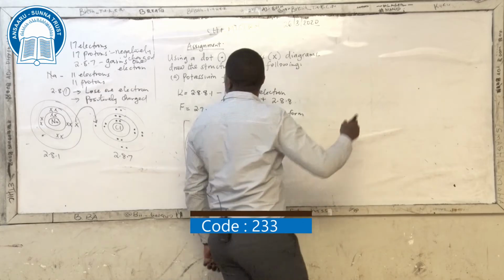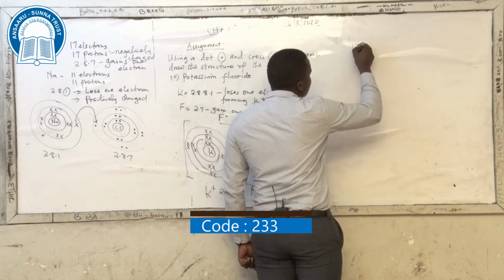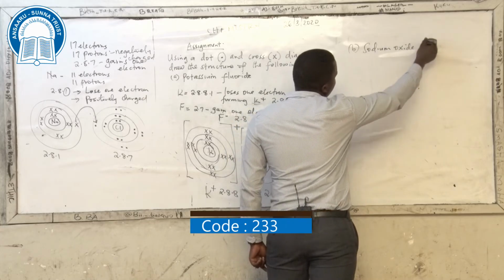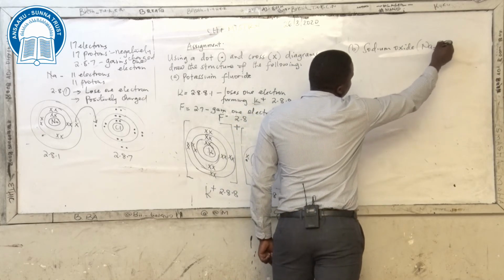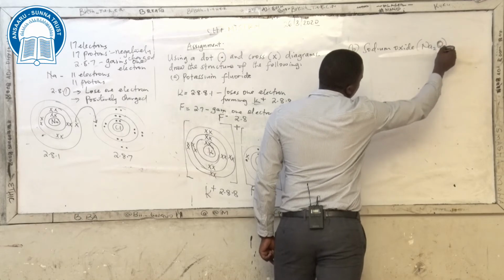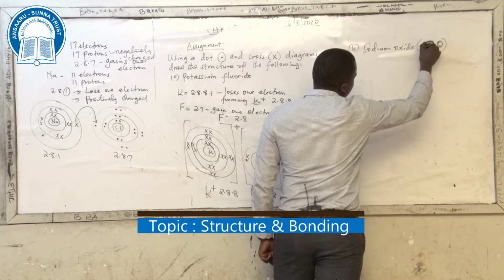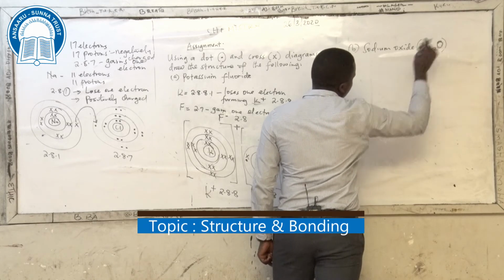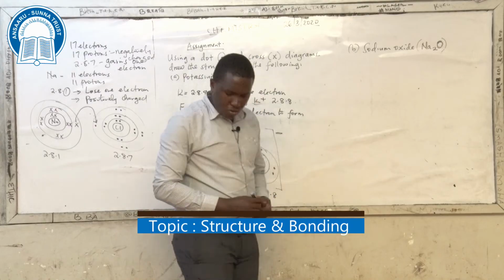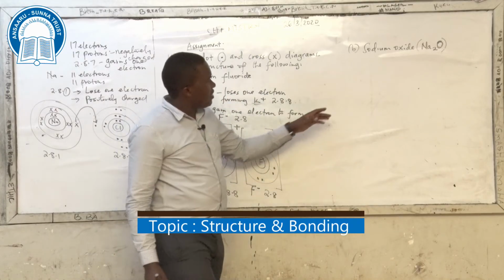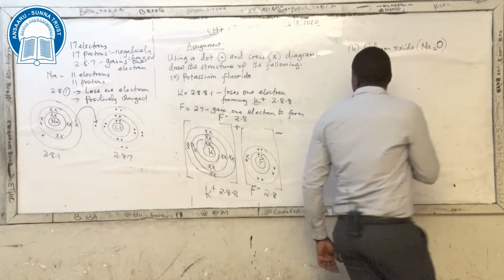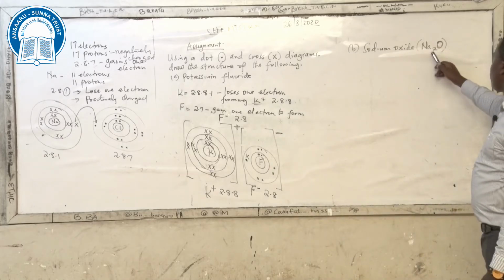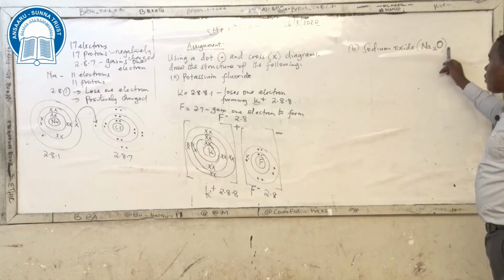The second one is sodium oxide with a formula of Na2O. You can see in this particular compound, you need 2 sodium atoms and 1 oxygen atom.